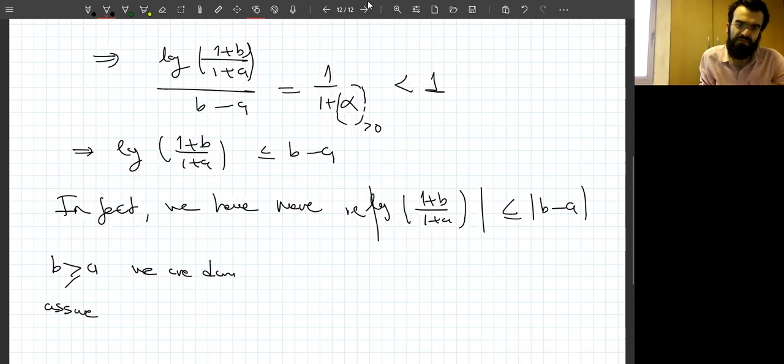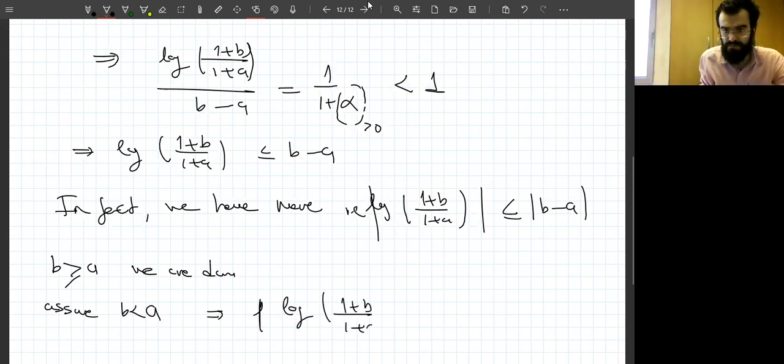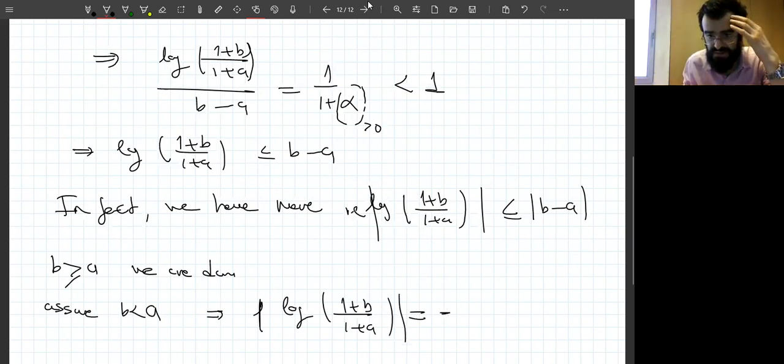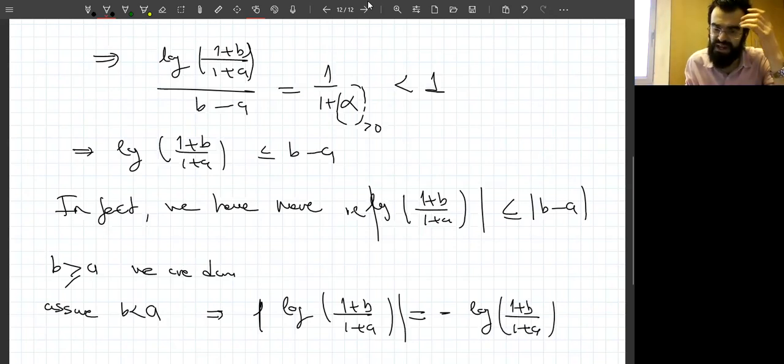Assume b less than a, which implies this thing equals minus logarithm of (1 plus b) over (1 plus a), as that thing is negative.